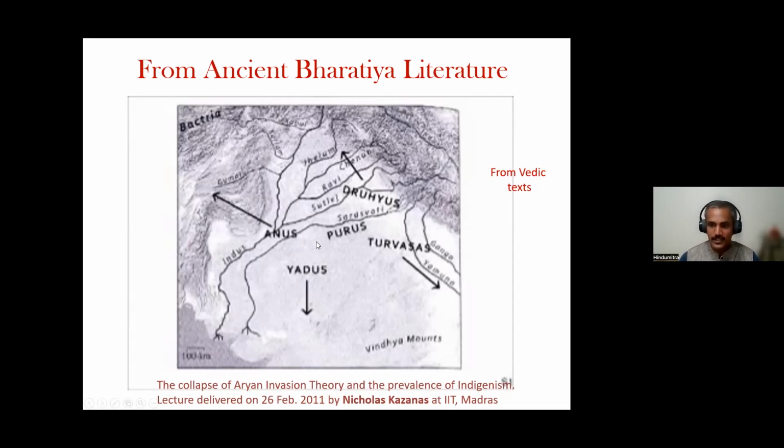The tribes or the people who inhabited Sapta Sindhu, after a certain time, separated and created different tribes with these names: Puru, Anus, Yadus, Turvasas, and Druhyus. These are the Vedic names. And these tribes have migrated. Some migrated to the north, some to the west, some to the south, and some to the east. This is what we got from our literature.